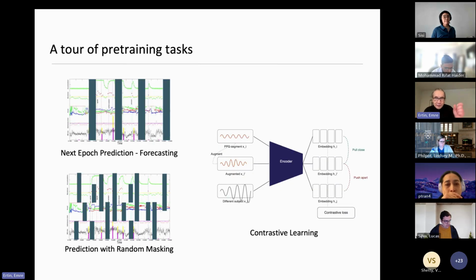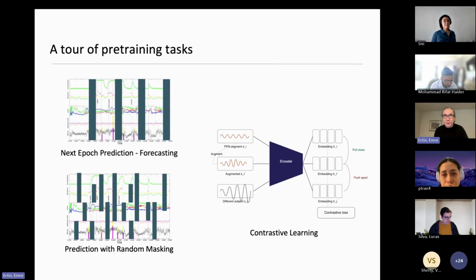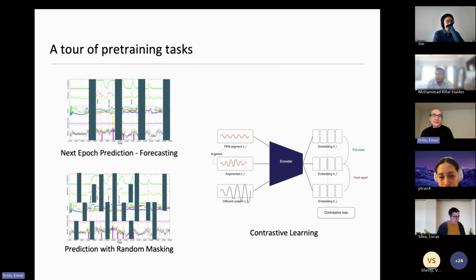So we talked briefly about how we need a way to train these models without knowing what the task is. So one might wonder, if I don't know the task, what am I training it for? And I think Ben already told us that in the case of large language models, the pre-training phase is actually somewhat simple. You try to learn to predict what the next word is from a context window.